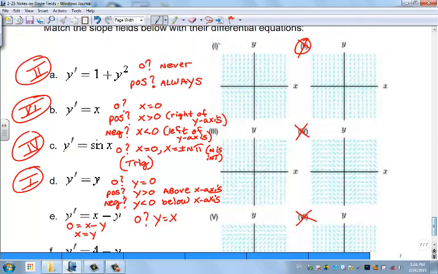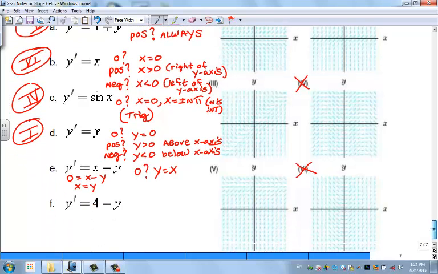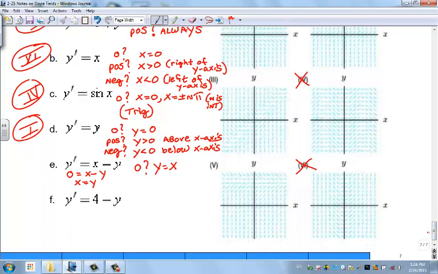We just used 1. We only have 2 left. So if we look along the line y equals x, which one of these appears to have a slope of 0 always on the line y equals x? Well, check it out. Here it is. See all those little slopes of 0? So that's going to be number 3.